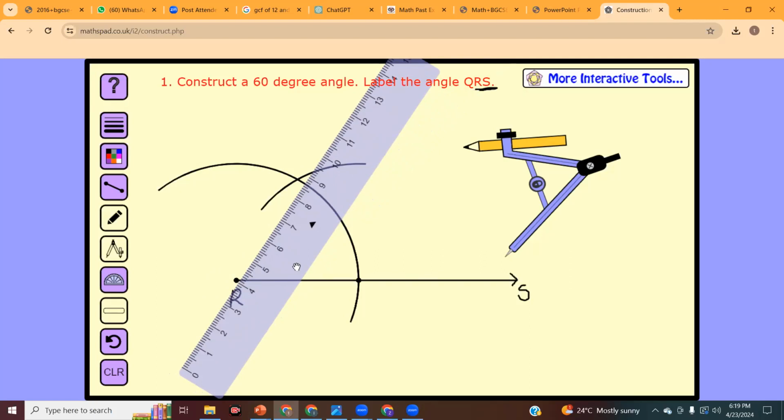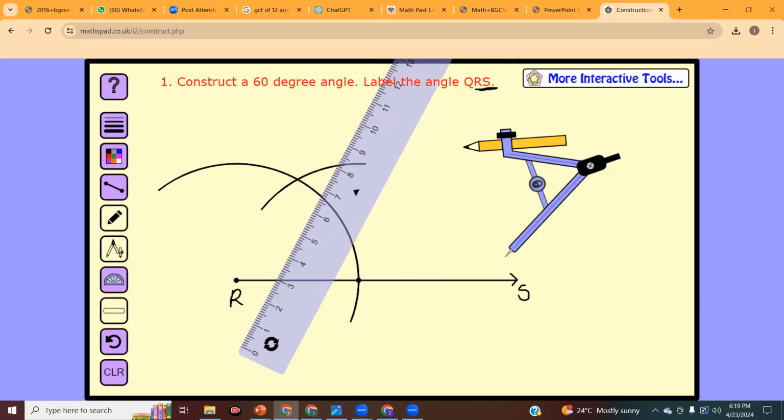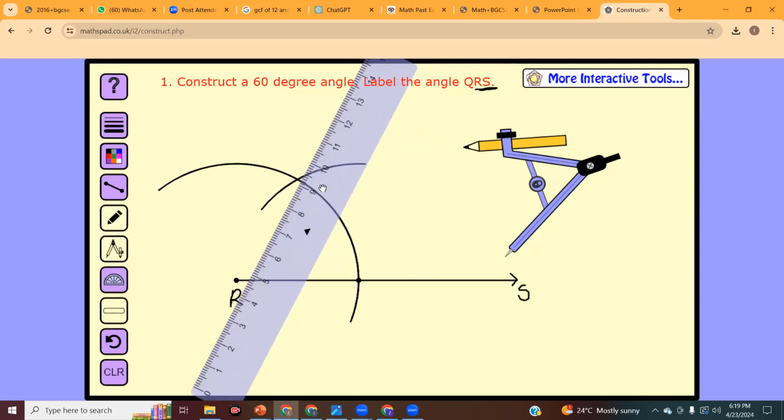So we're going to draw a line from R all the way to this particular point. You have to use your ruler to draw this line. So it's going to be like so.